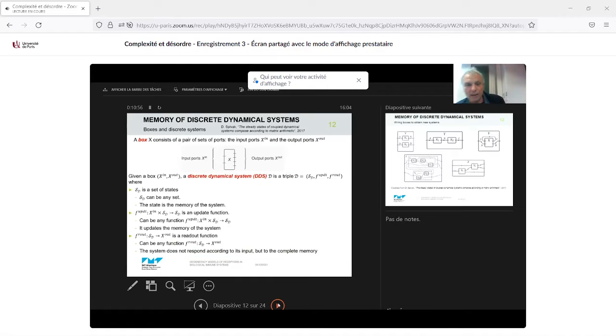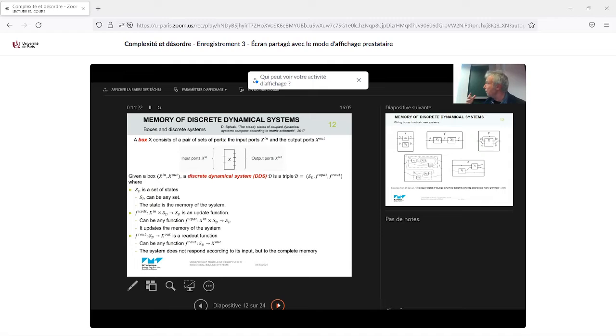So regarding this story, it starts with a very nice paper written by David Spivak. In this paper, David uses a very general definition of discrete dynamical system. I say DDS to shorten the vocabulary.